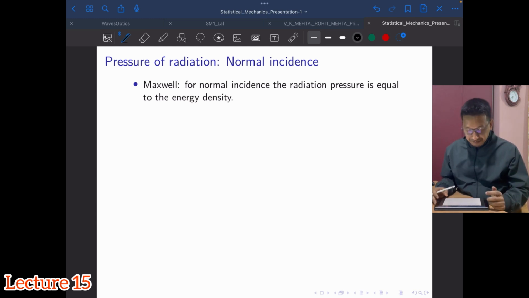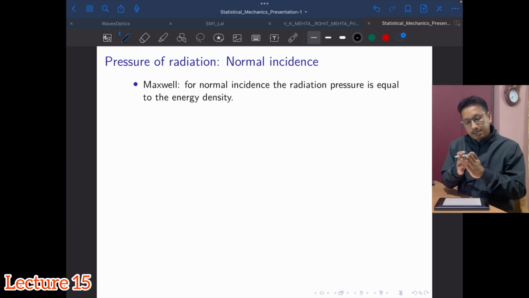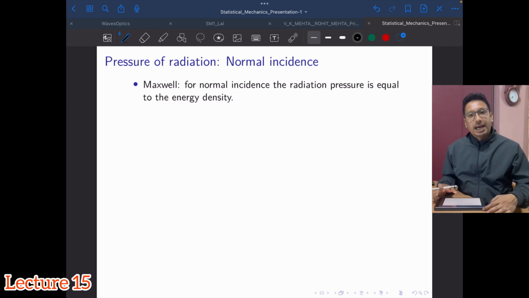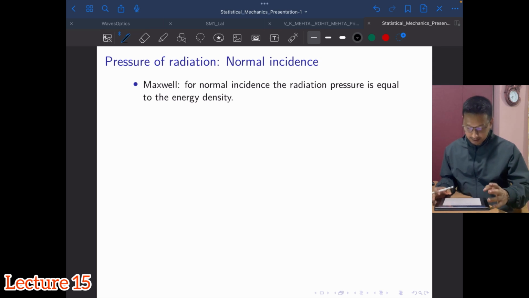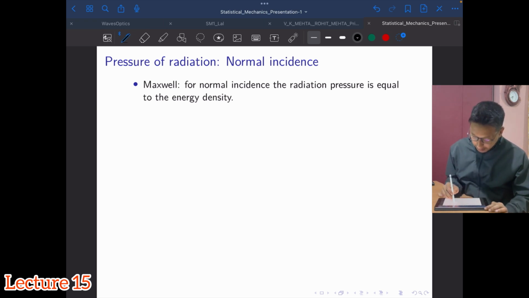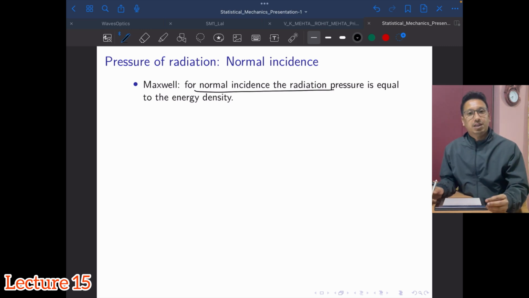Also, whenever light is incident on a surface, it exerts pressure on the surface. So Maxwell gave this idea from his electromagnetic theory, that for normal incidence the radiation pressure is equal to the energy density.